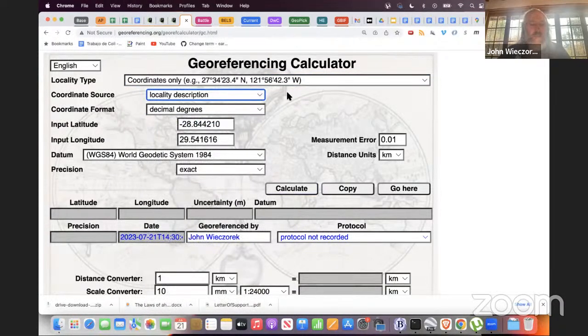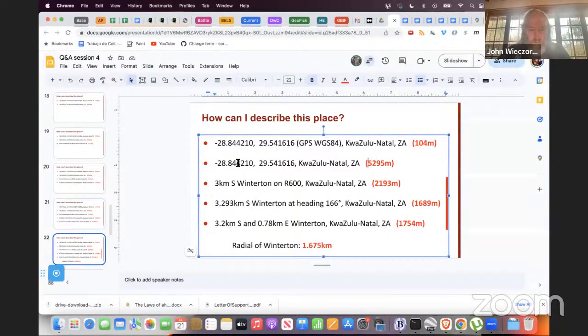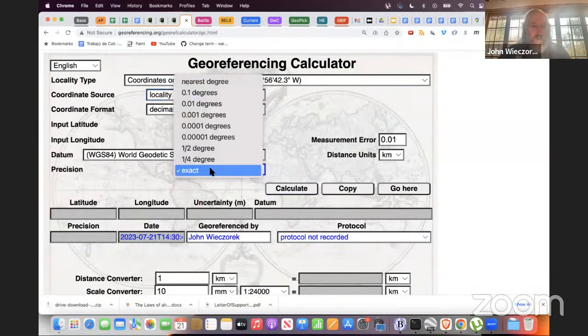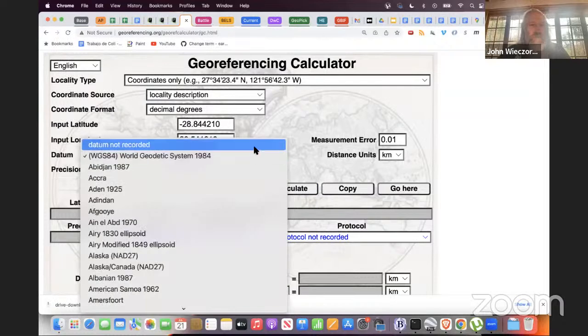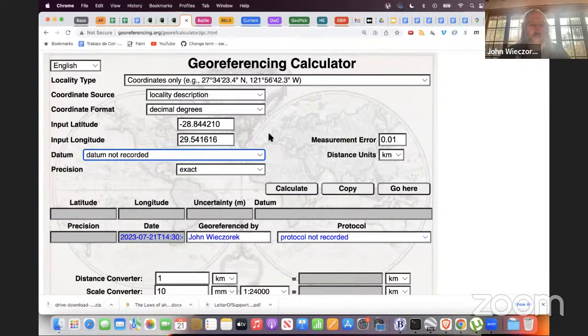It didn't tell us it was from a GPS. But it did give us the coordinates in decimal degrees. And it did give the coordinates out to 6 decimal places. So that's the equivalent of exact here. But it did not give us the datum. So we need to choose datum not recorded here.